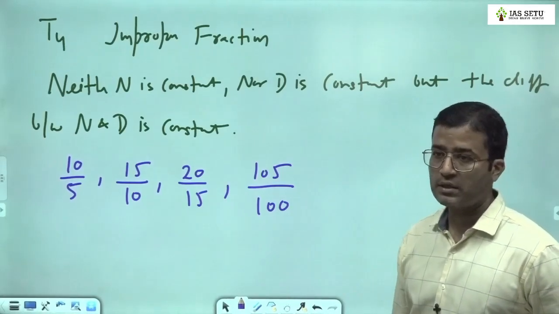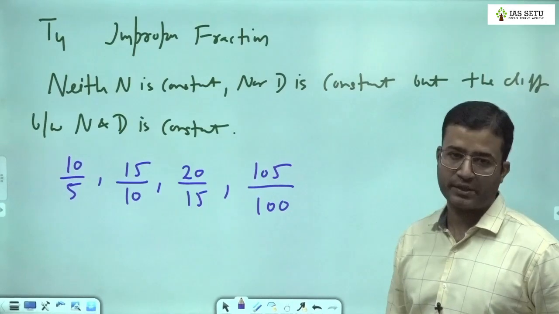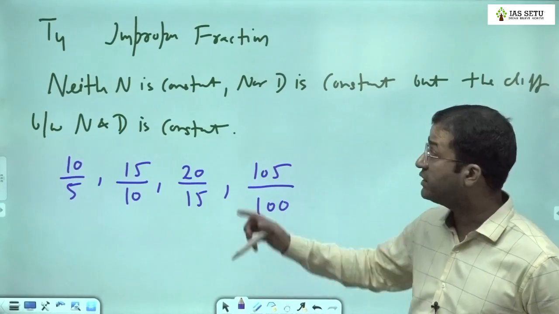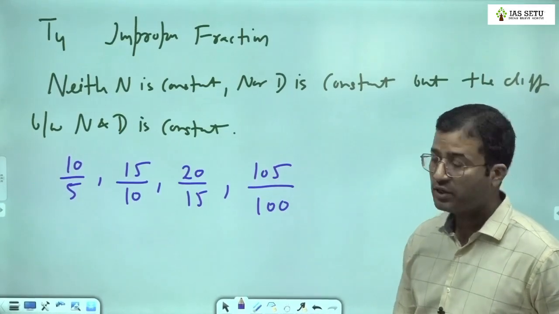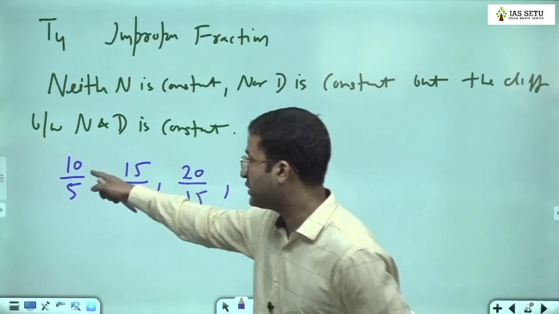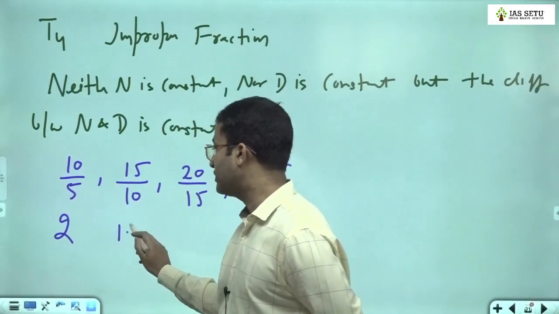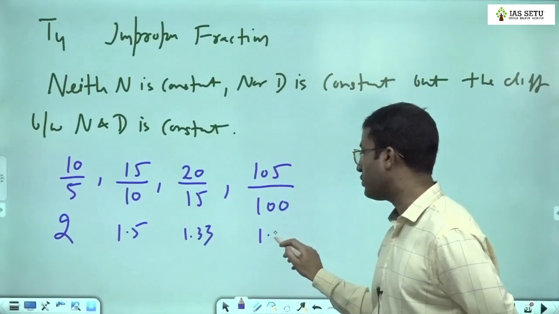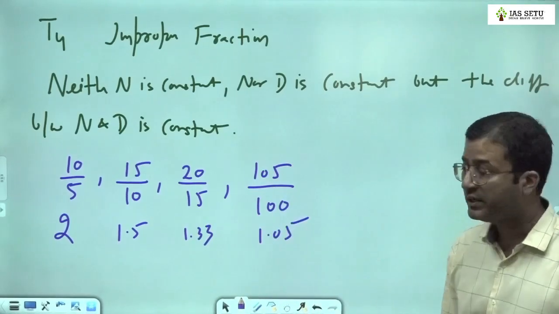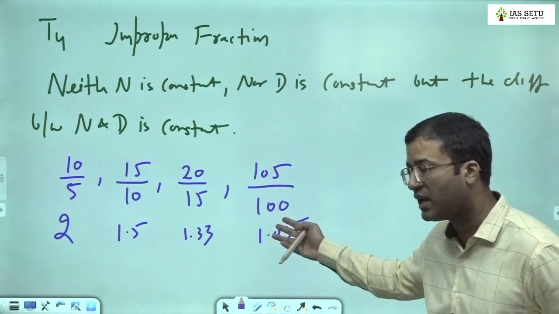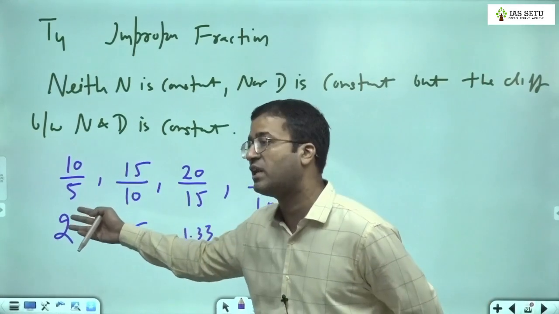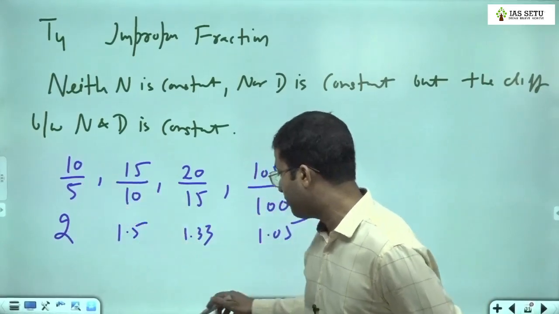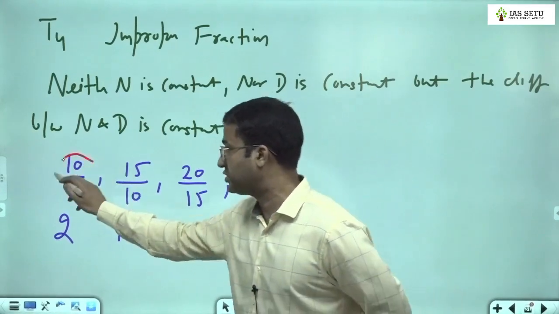That will happen. But you have to train your mind that these are improper fractions. Convert this in decimal. What is 10/5? 2. This is 1.5. This is 1.33. This is 1.05. Tell me, is 105/100 the largest fraction or 10/5 the largest fraction here? 10/5 is the largest fraction.